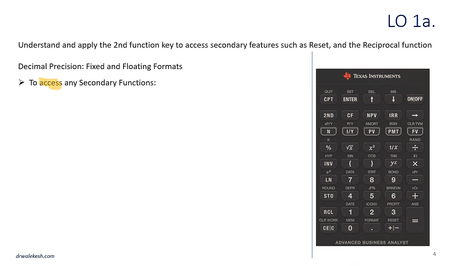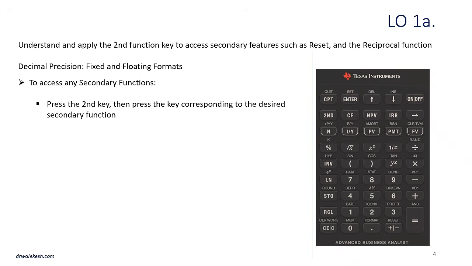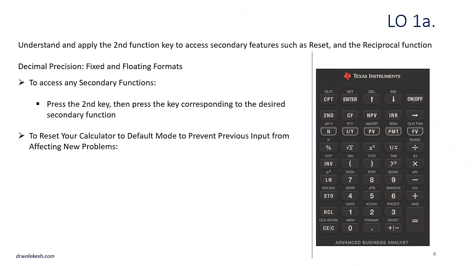To access any secondary functions on your financial calculator, you need to press the second key, then you would have to press the key corresponding to the desired secondary function. So that we are all on the same page on this point, imagine you are interested in resetting your financial calculator to default mode.